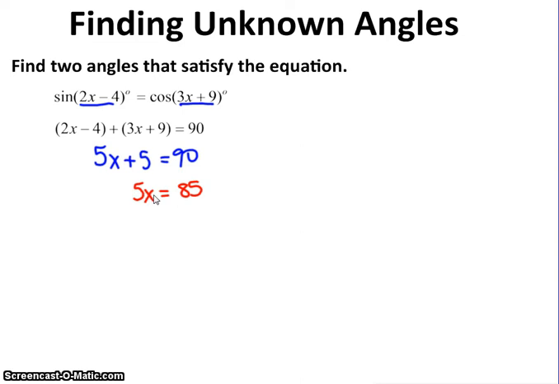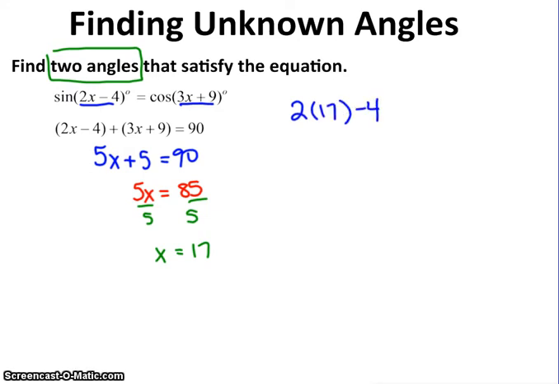This is 5 times x, so I would divide by 5 to get x by itself. What you do to one side, you do to the other. So I get that x is equal to 17. Now the problem is, it doesn't say find x, it says find the two angle measures. So I'm going to go back up here and plug in 17 for x. 2 times 17 minus 4 is 30 degrees.